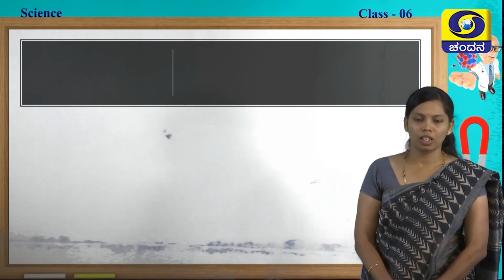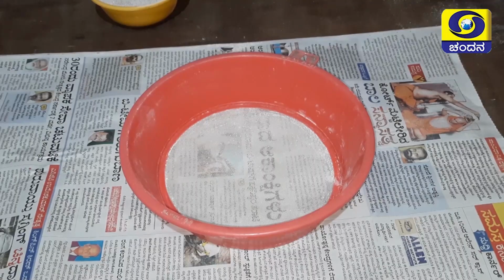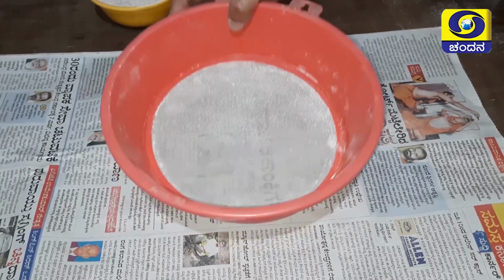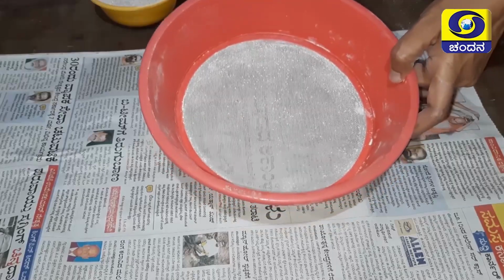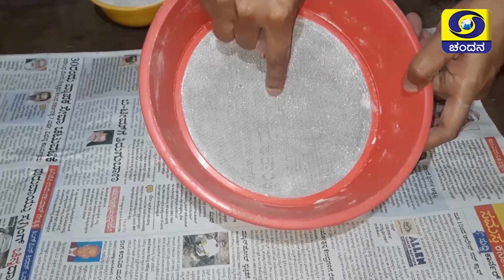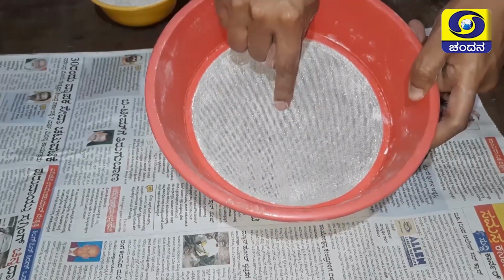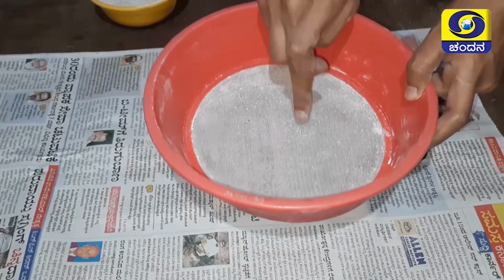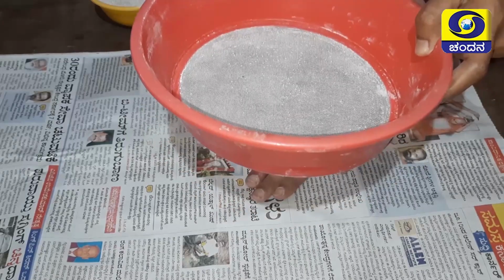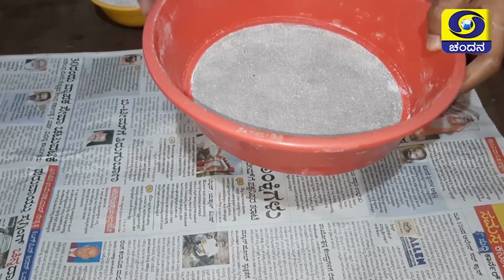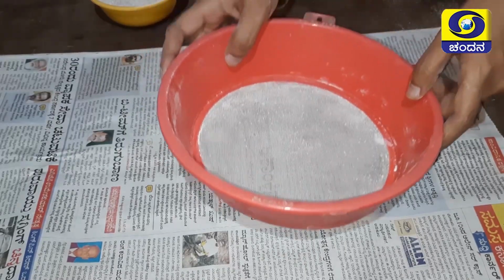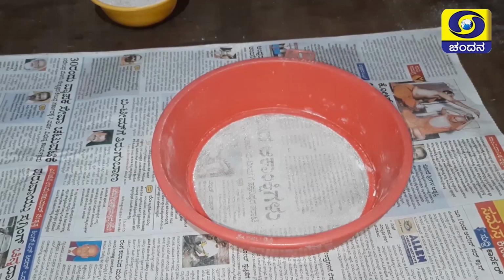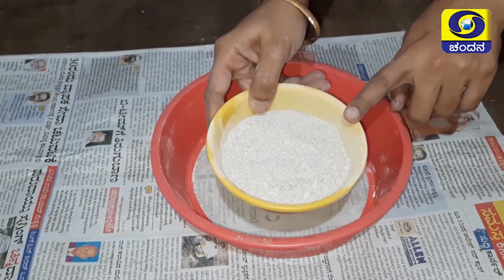Watch this. For the sieving method, we use a device called a sieve. It has small holes in it, so that when we pour the flour into it, the finer particles will pass through these holes and be collected here. Now we shall see how it works. I have taken the ragi flour.